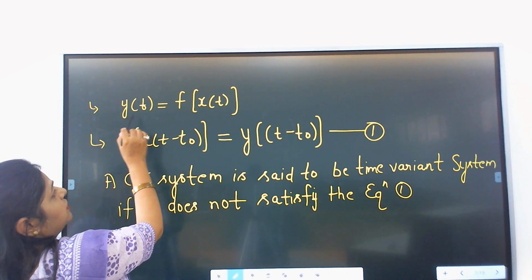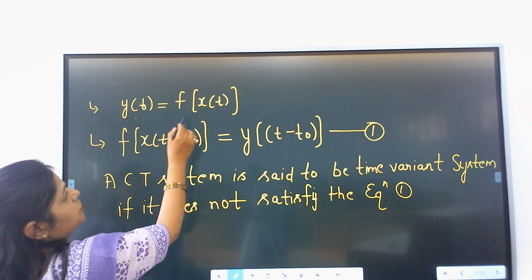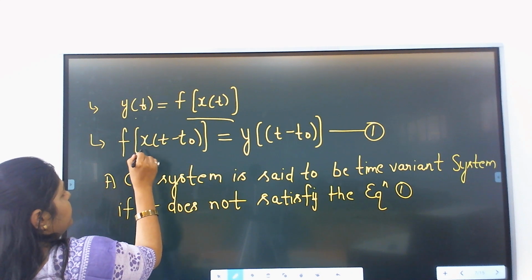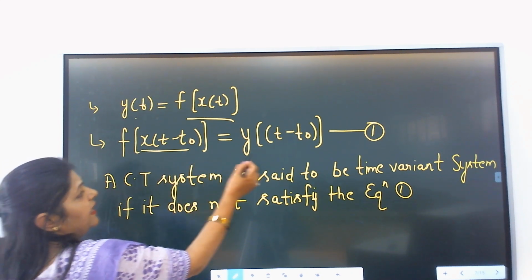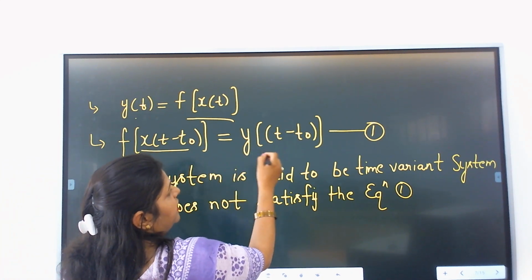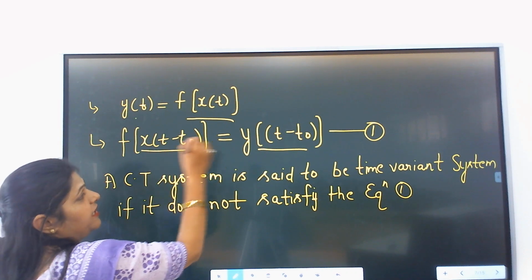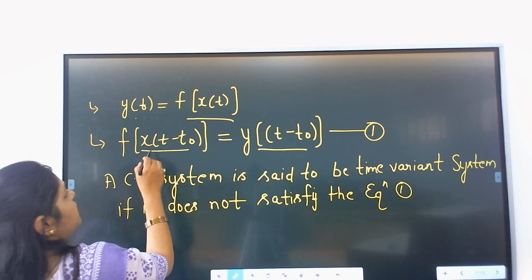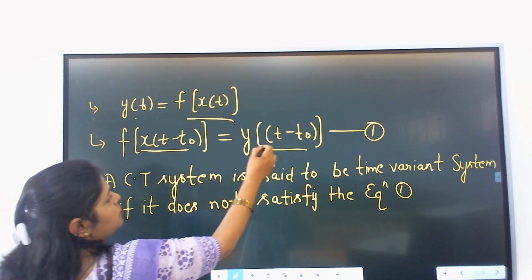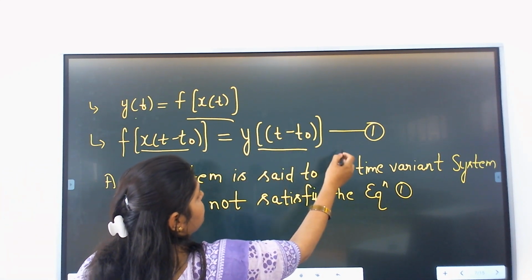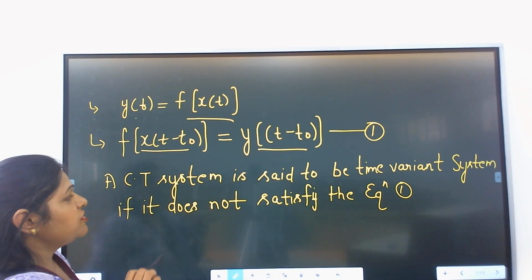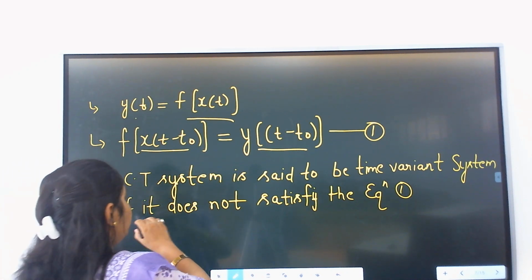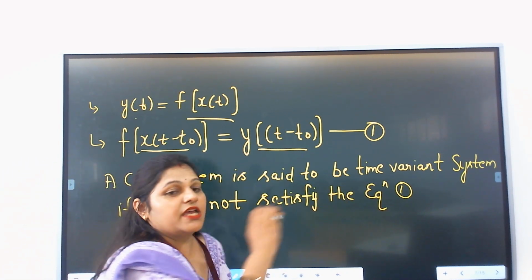You can see the equation y(t) equals function of x(t), and a shift in input gives the same shift in output: function of x(t minus t0) equals y(t minus t0). A continuous time system is said to be a time variant system if it does not satisfy equation 1.